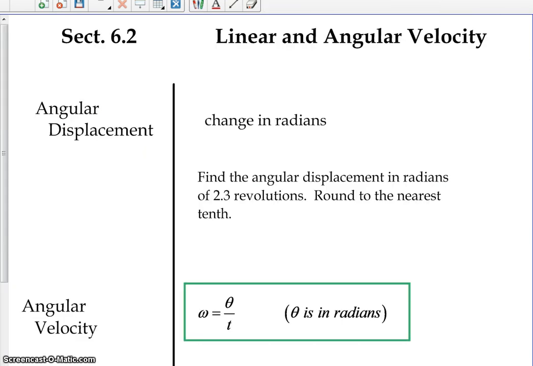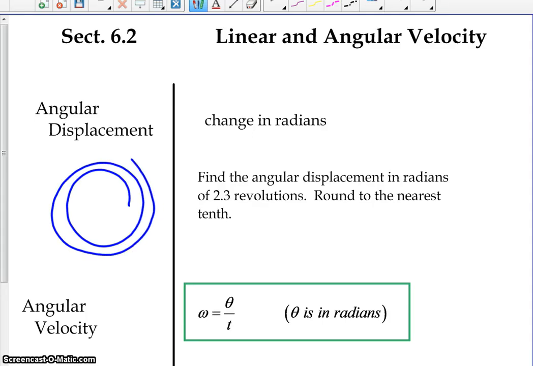Well, we can change this, and we can talk about angular displacement. It means how much did we change? We're going to see a few problems like this, saying if we went 2.3 revolutions. We've done this before. We said, if you went around 2 times and then 0.3 more, how many radians is that? Well, when it was degrees, we just took the number of revolutions and multiplied it by 360.